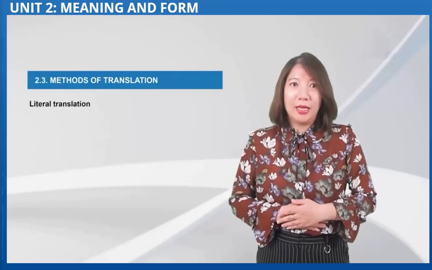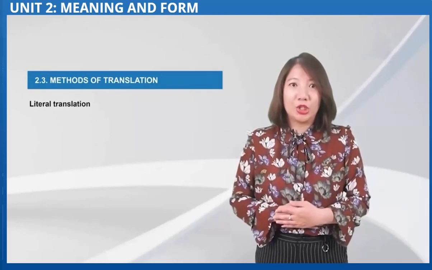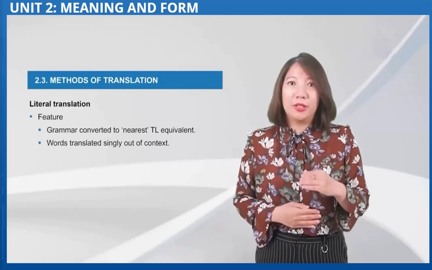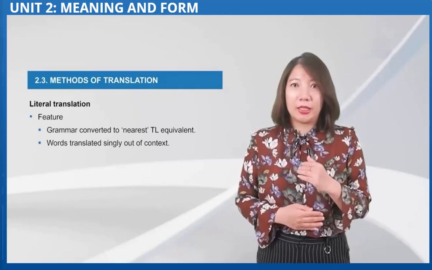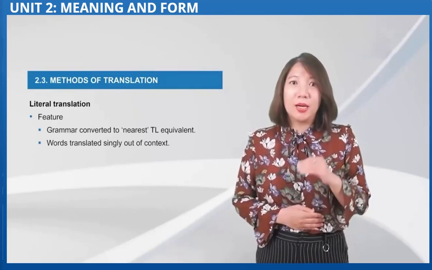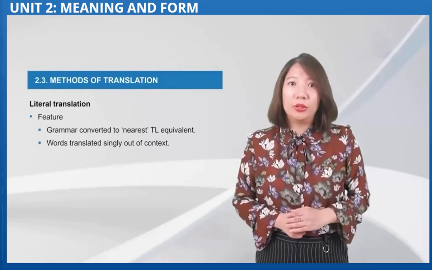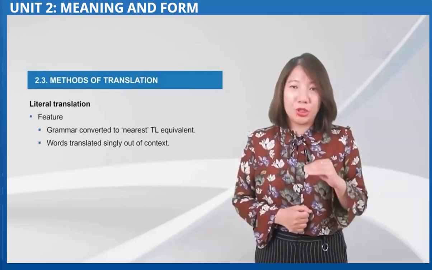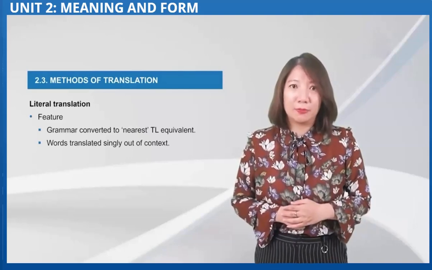And now, let's look at literal translation. Under this method, grammar is converted to the nearest target language equivalent, but the words are also translated singly out of context, which is similar to the first method.